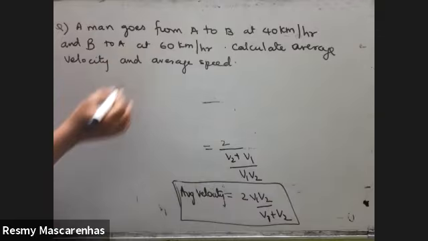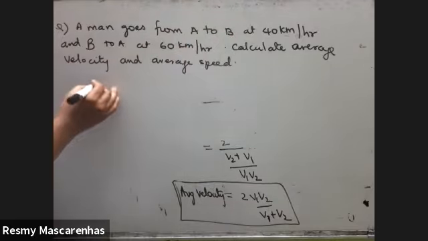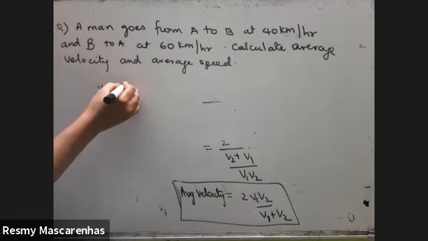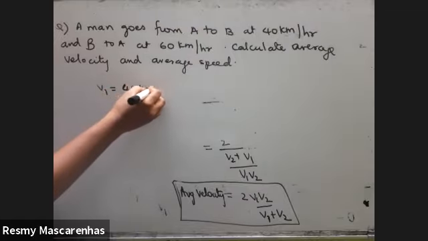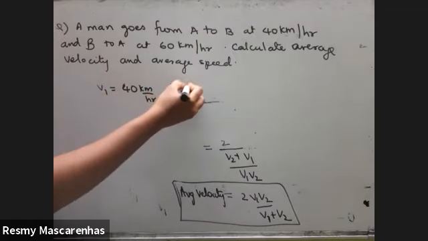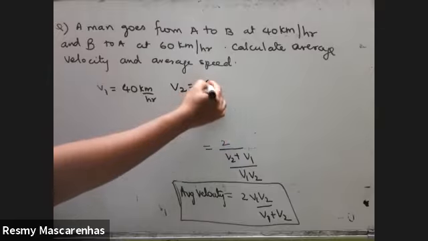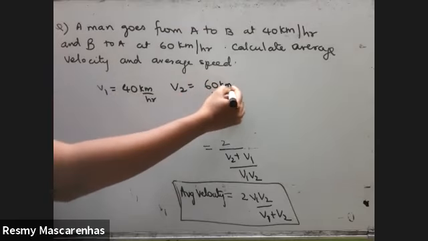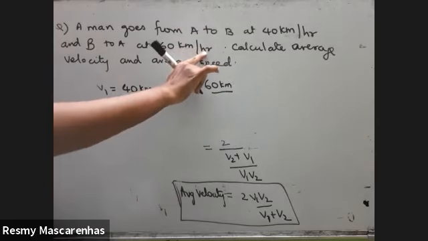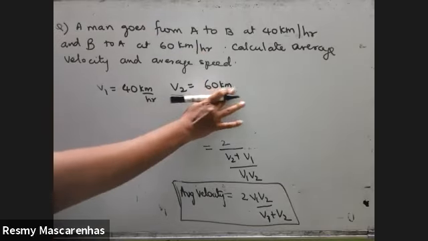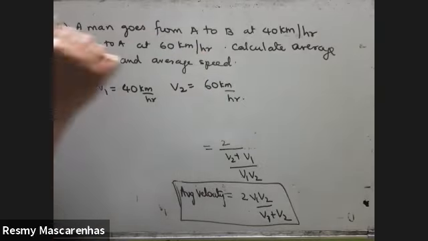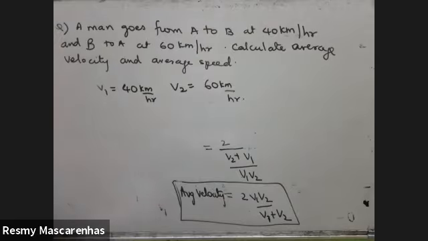So what has been given to you now? 2 speeds have been given to me. So V1 I know is 40 and V2 is 60. How do we know it's a speed? Kilometers per hour is always speed, or meters per second. Distance upon time is always speed.